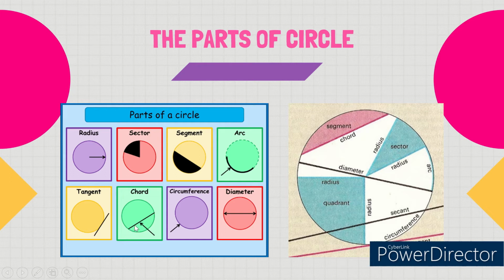And a chord that passes through the center of the circle is what we call diameter. Again, a diameter is a chord that passes through the center of the circle.